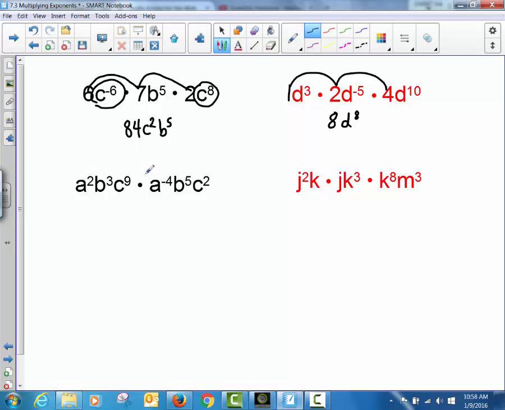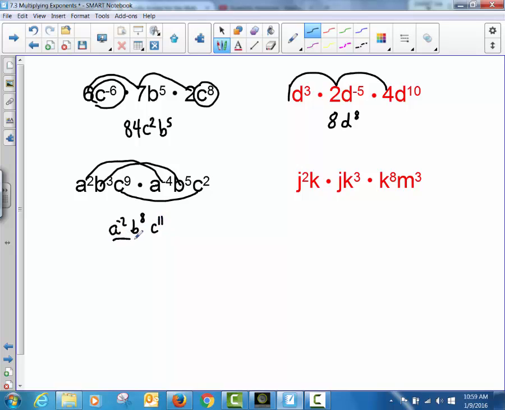Alright, now let's try this one. There are no numbers this time, so we multiply powers that are alike. So we got a to the 2nd times a to the negative 4. 2 plus negative 4 gives us negative 2. B to the 3rd times b to the 5th gives us b to the 3 plus 5, which is 8. C to the 9th times c to the 2nd gives us c to the 9 plus 2, which is 11.